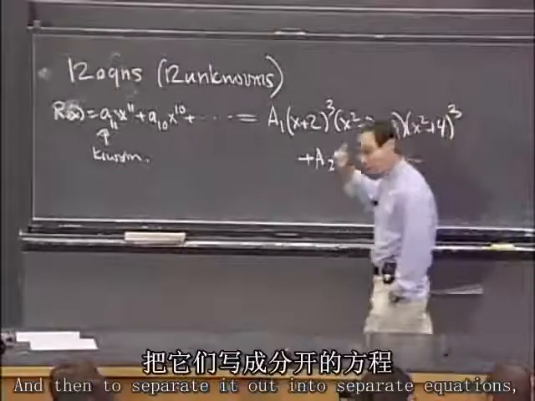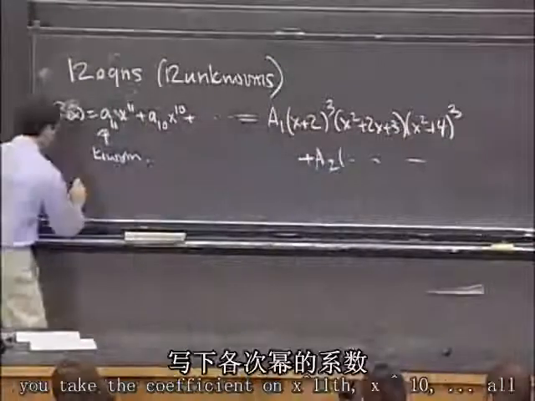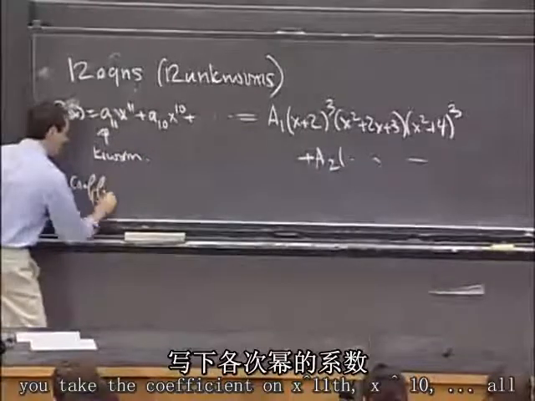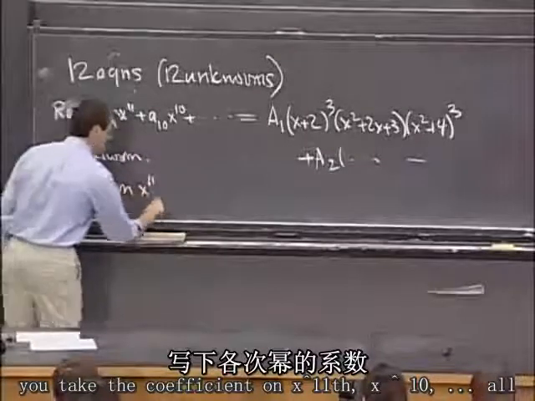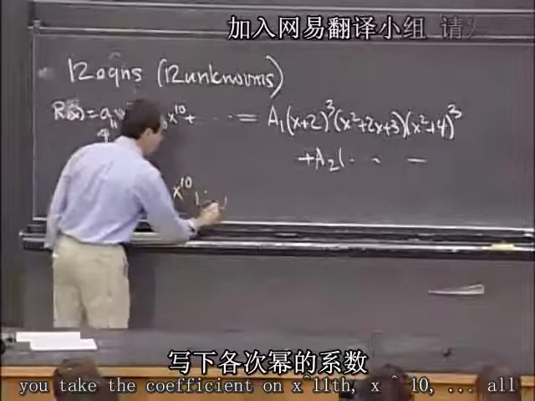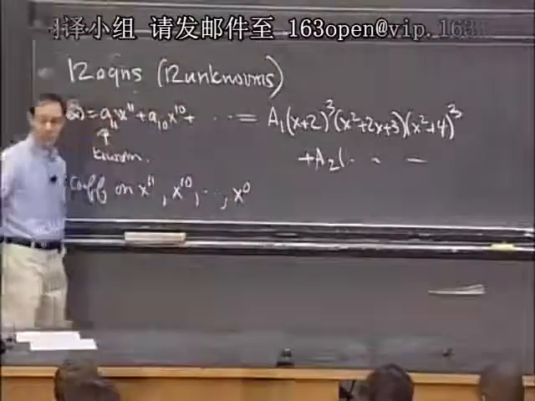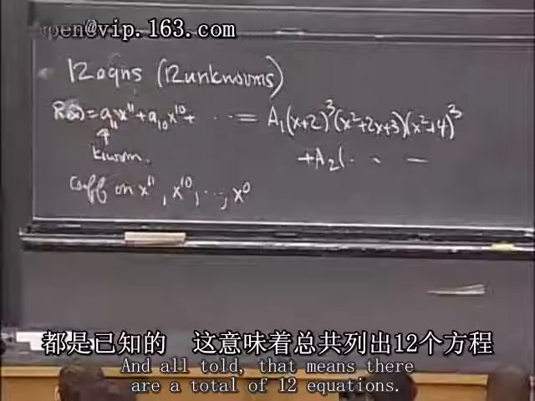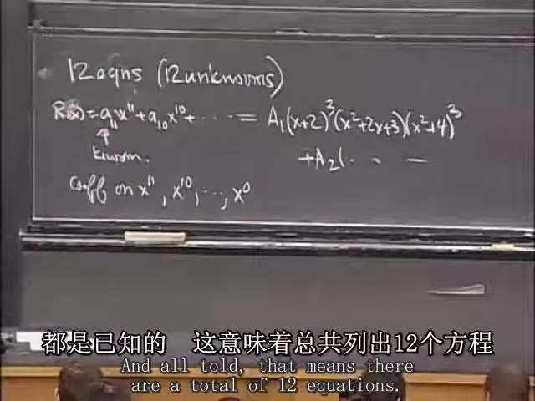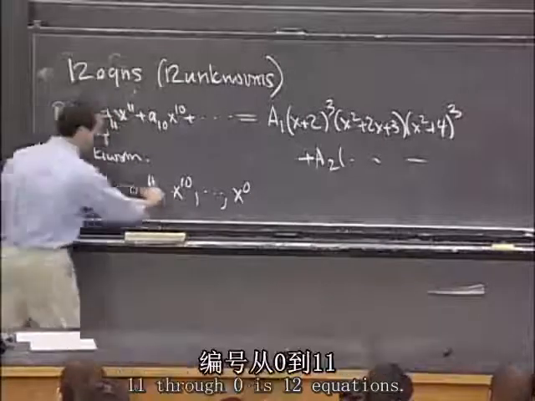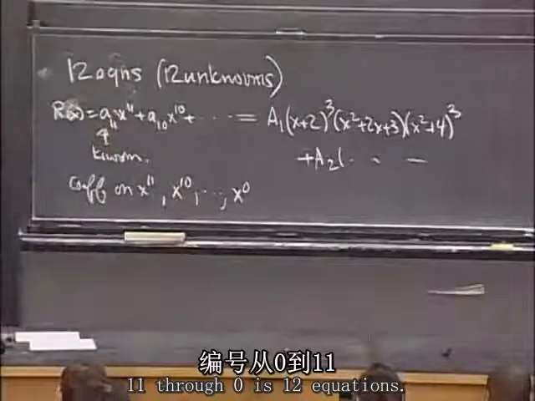And then to separate it out into separate equations, you take the coefficient on x to the 11th, x to the 10th, all the way down to x to the 0 power. All told, that means there are a total of 12 equations. 11 through 0 is 12 equations.